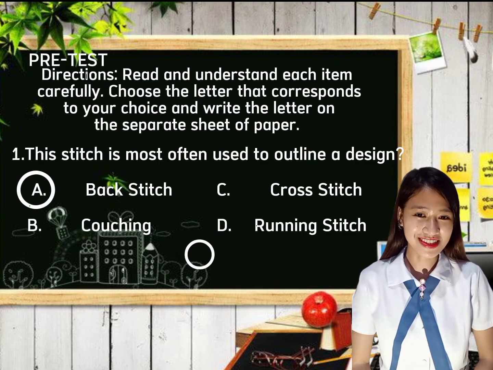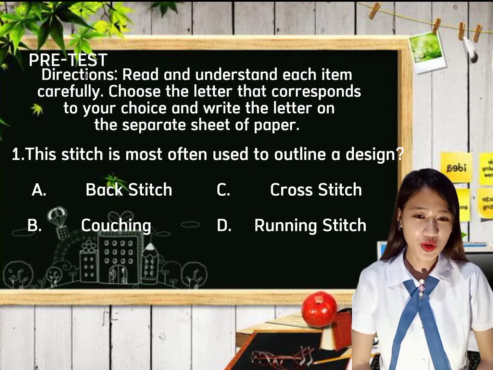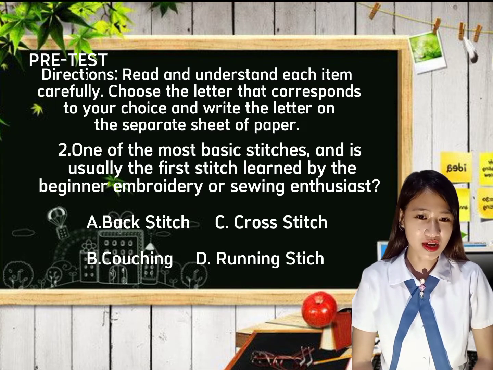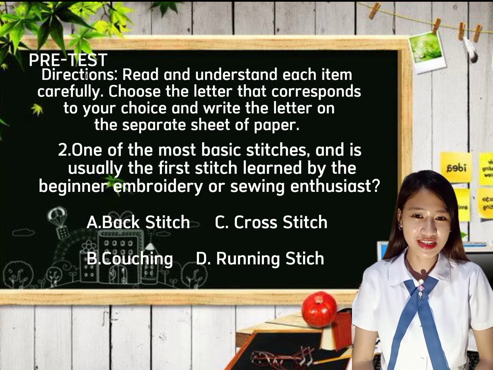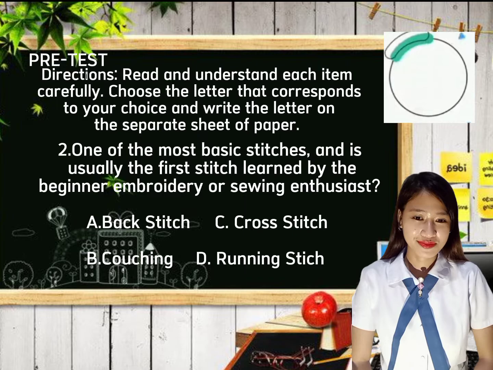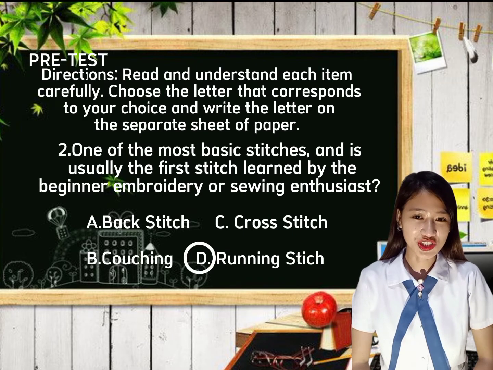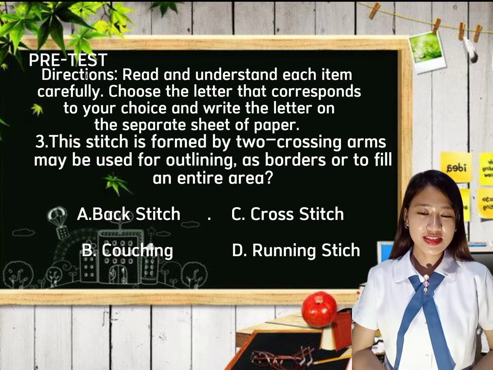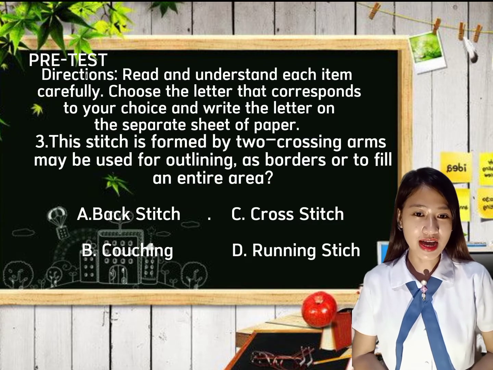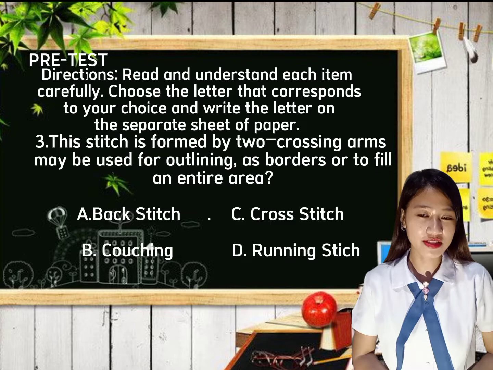A. Backstitch. Number 2. One of the most basic stitches and is usually the first stitch learned by the beginner embroidery or sewing enthusiast. A. Backstitch. B. Couching. C. Cross stitch. Or D. Running stitch. D. Running stitch. Number 3. This stitch is formed by two crossing arms mainly used for outlining as borders or to fill an entire area.